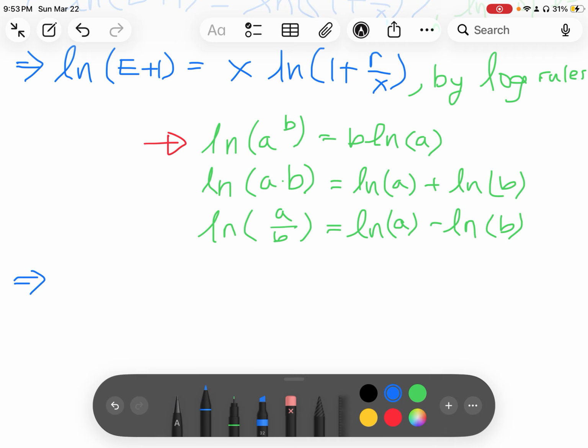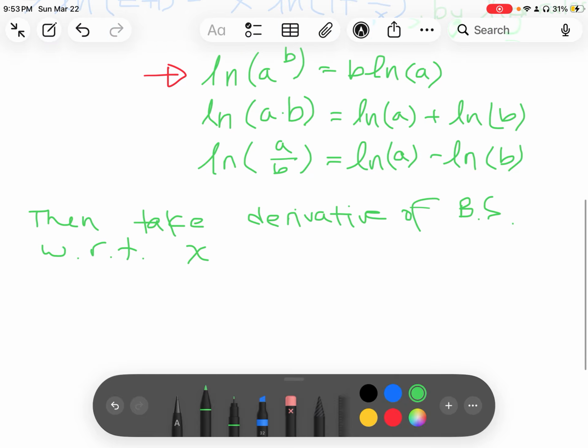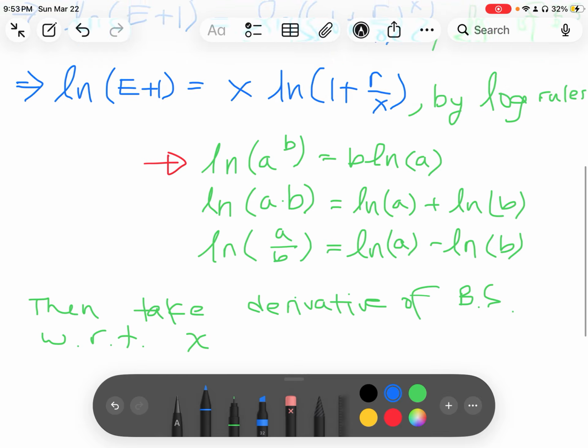Actually, I'm going to write something here. The next step is to take the derivative of both sides with respect to x.